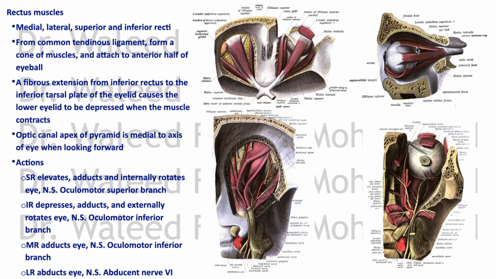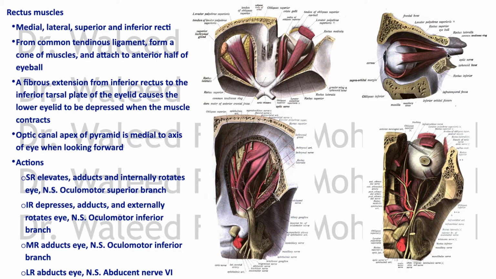Note that the superior rectus is not the most superior muscle. See, on top of it, there is the levator palpebrae superioris. This is another angle. This is the superior rectus muscle, while the levator palpebrae superioris is reflected.